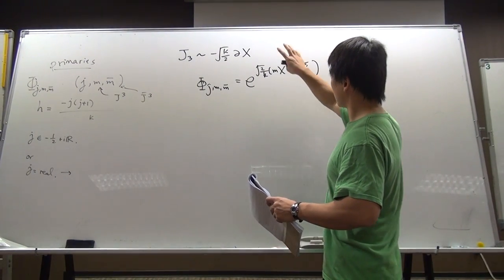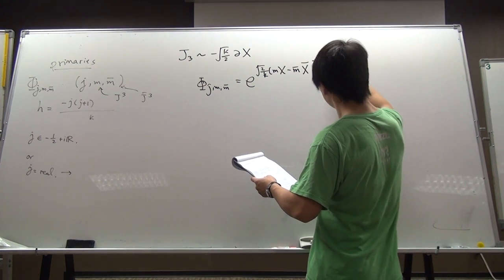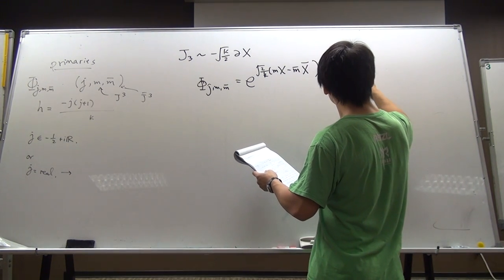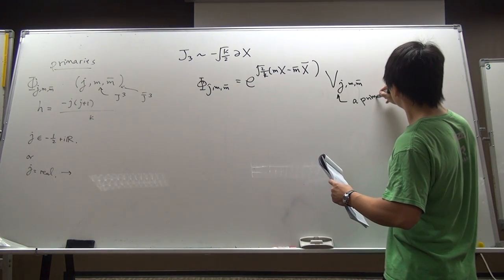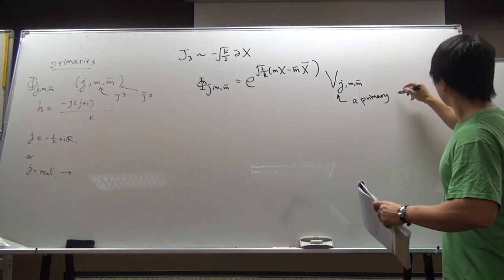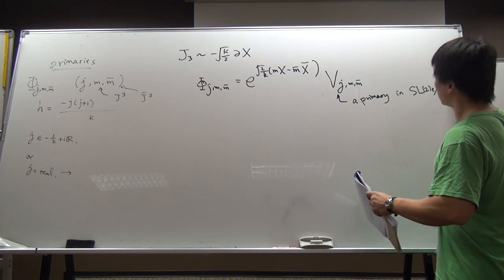There's a right boson coming from the bosonization of J3 bar. And the thing that's left over, V_{j,m,m bar}, is a primary. Actually, this is a parafermion primary in the coset CFT SL(2) mod U(1).